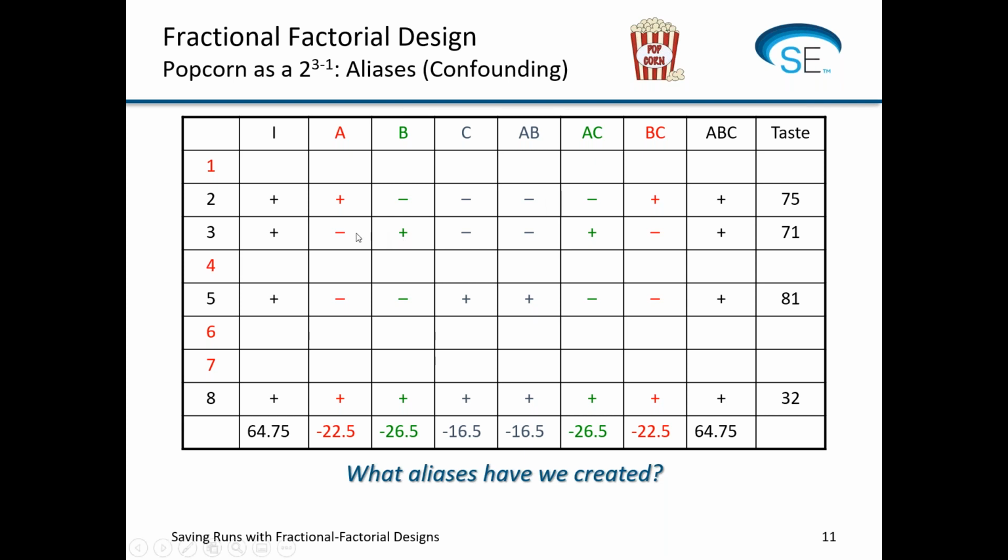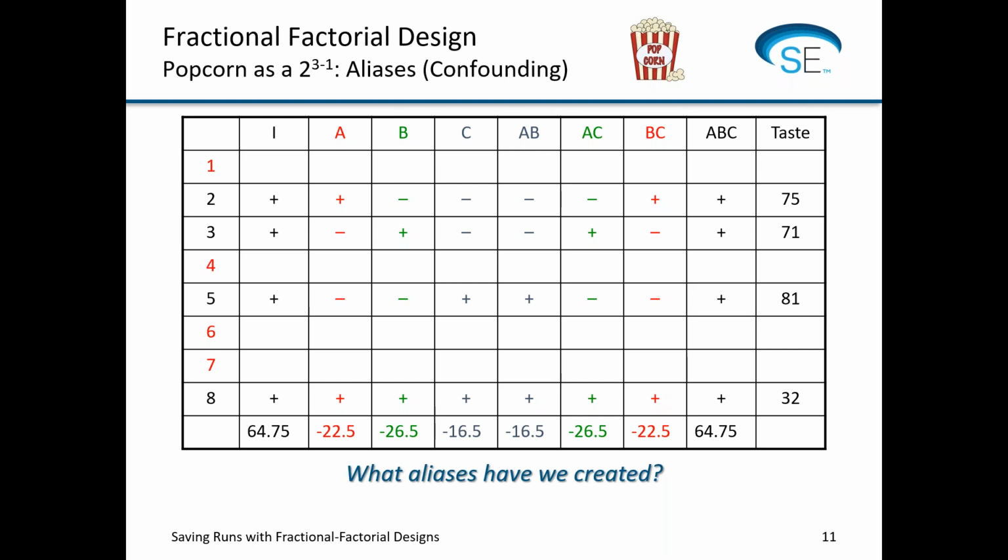Now, if you look carefully at this, and I've color-coded things to help you find these, you will now find sets of columns that are identical. If you look at the A column, we've got plus, minus, minus, plus, and you look at the BC column, plus, minus, minus, plus, those two columns are identical.